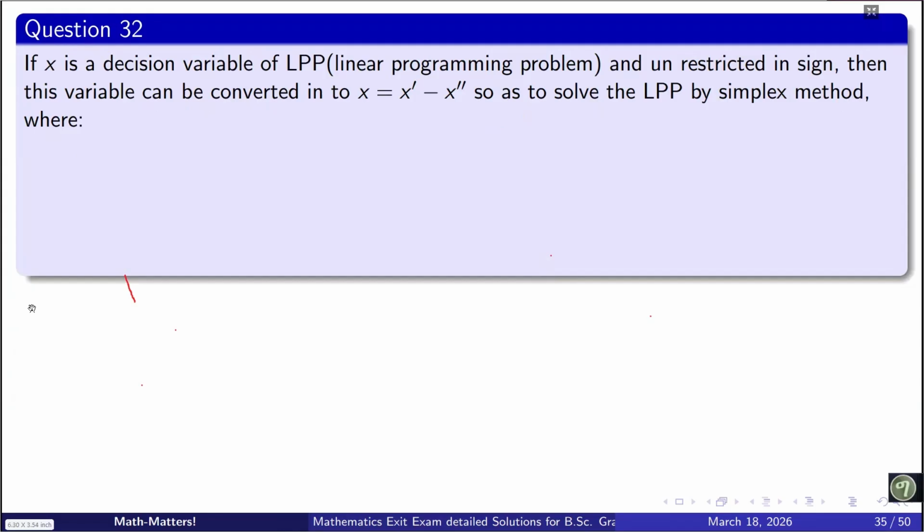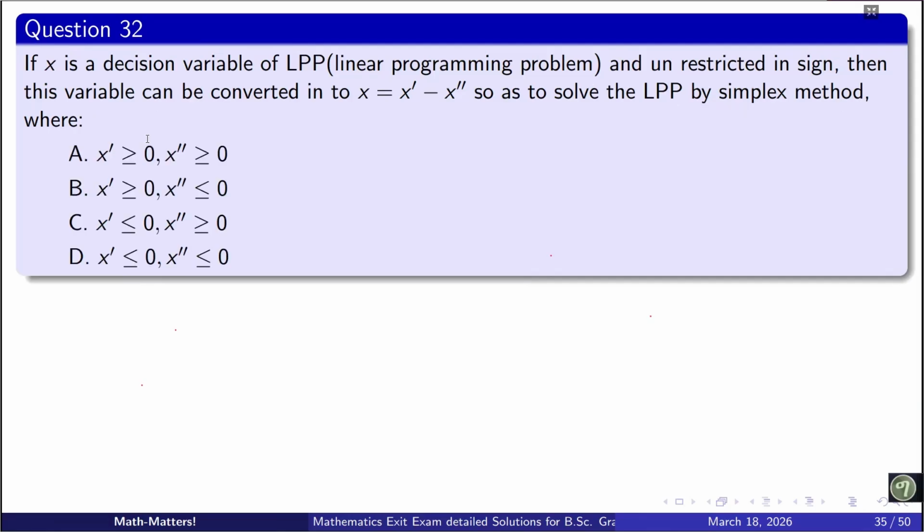The next question says, if X is a decision variable of an LPP, that is a linear programming problem, and unrestricted in sign, then this variable can be converted into X is equal to X prime minus X double prime, so as to solve the linear programming problem by the simplex method.